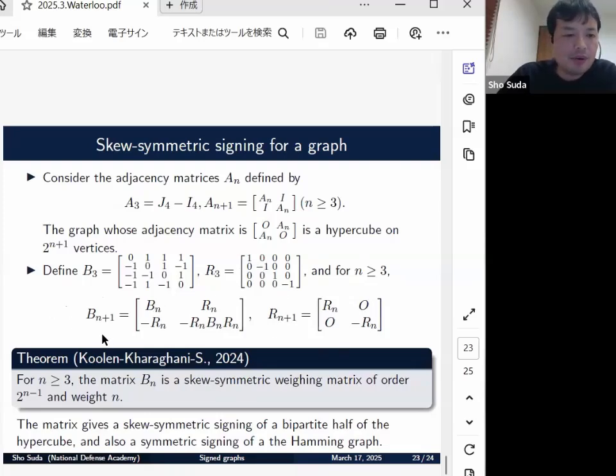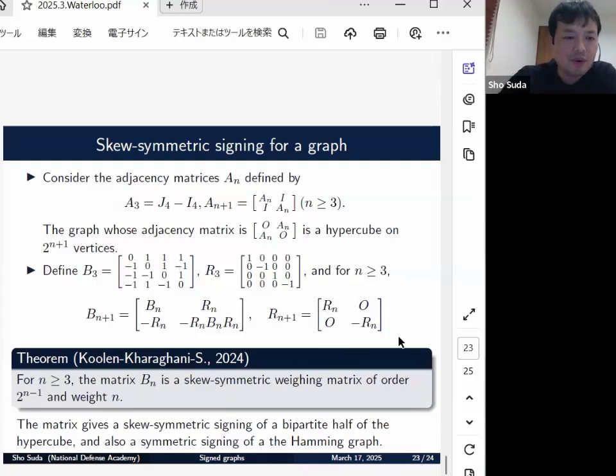And the n plus 1 signings are defined this way: B sub n, R sub n, negative R_n, and minus R_n times B_n times R_n. Also, we consider this signed identity matrix, where one block is just R sub n and the other block is equal to minus R sub n.